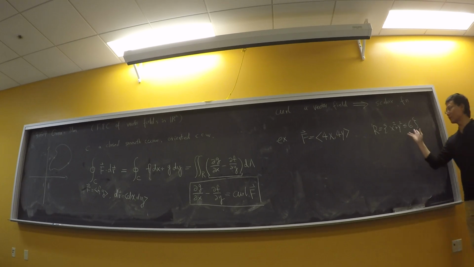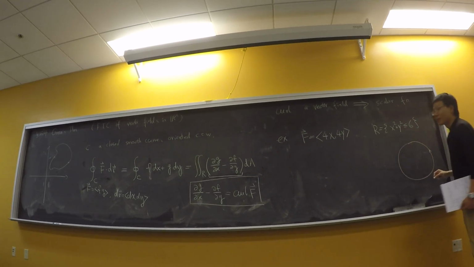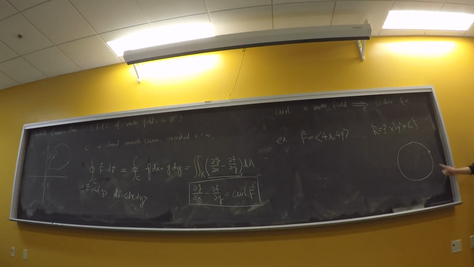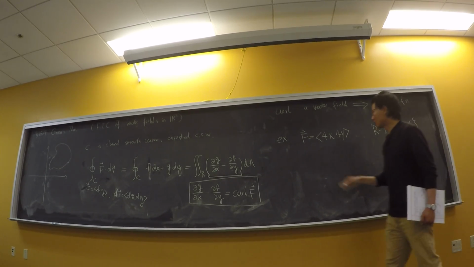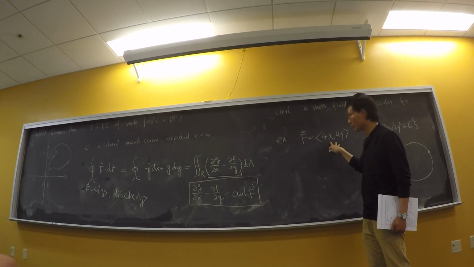So I have a region which is given by a disk. The boundary is going to be a circle, and we always orient it counterclockwise. The double integral in the interior is with respect to the curl of the vector field here.